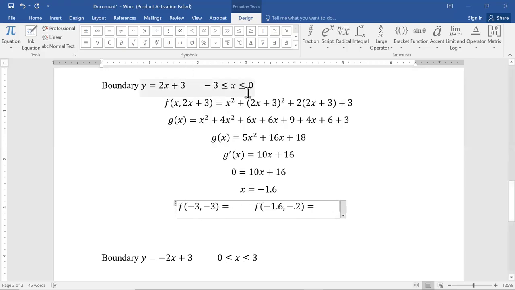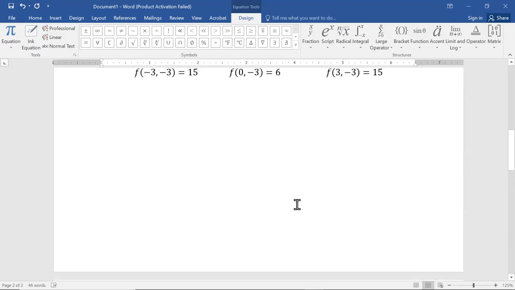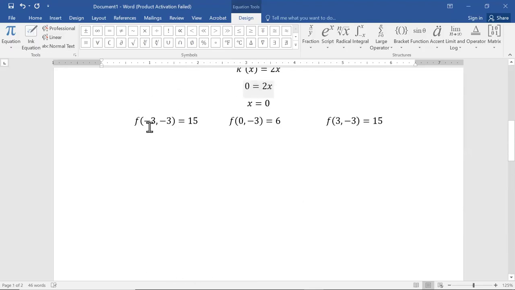And then I'm going to test out what happens when I plug in 0. So my function, when I plug in 0, gives me a 3. So I'm going to test out those 3 values into my original function. Interestingly enough, I've already plugged in negative 3 into my original function and got a 15.